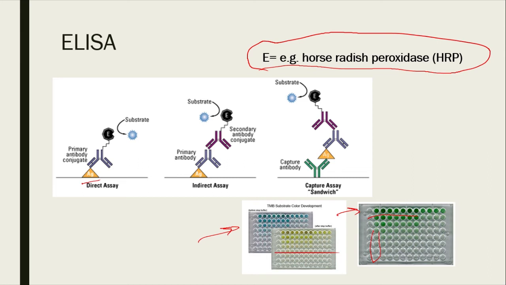If you don't have a particular antibody that can link to an enzyme, you can do some type of sandwich assay. You can have a primary antibody and a secondary antibody. Usually what happens with these assays is that you cannot find a primary antibody that has an enzyme. So then you utilize a second antibody, perhaps from a different species.